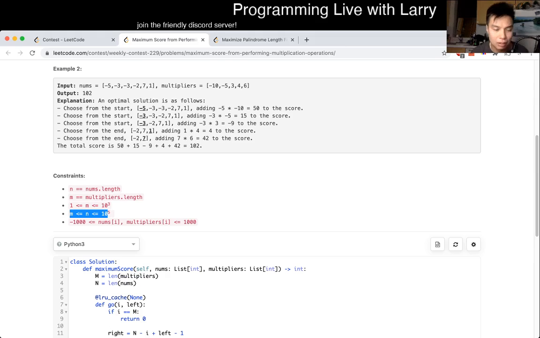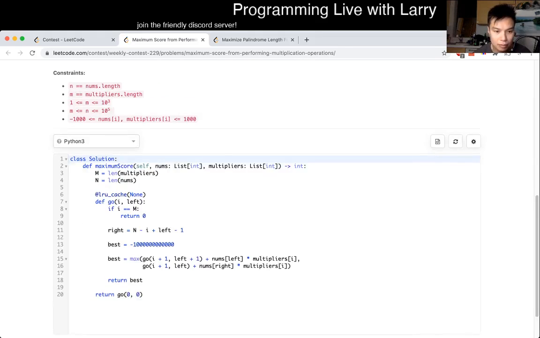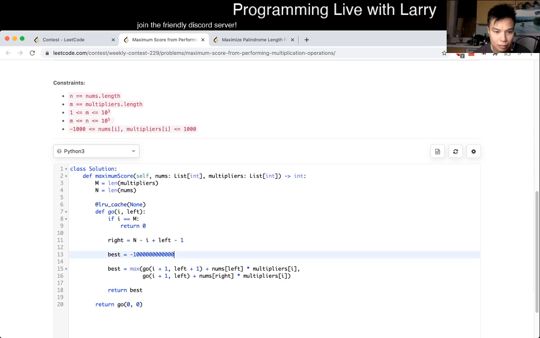So this is, I don't know why this doesn't work. And this seems pretty straightforward as a DP. I don't want to optimize it more than I have to.